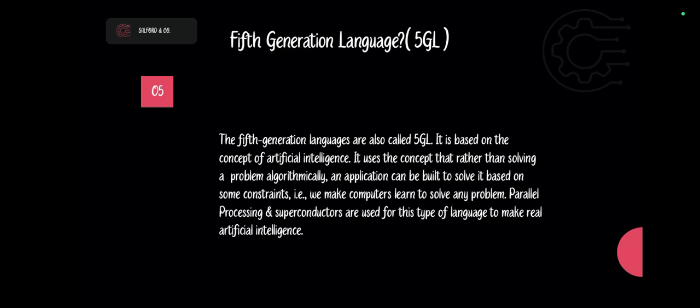Parallel processing and superconductors are used for this type of language to make real artificial intelligence. The advantage of this 5GL is that machines can make decisions, and it is easier than 3GL or 4GL to learn and use. The disadvantages are complex and long code. Second, more resources are required and they are expensive. It is costly compared to the other languages.